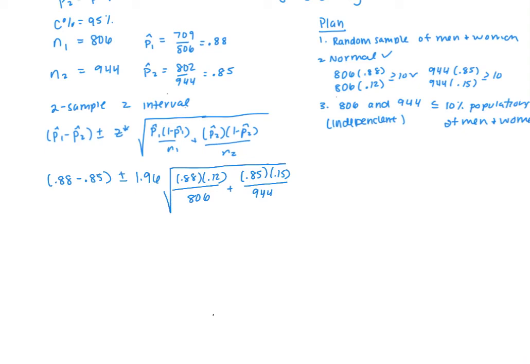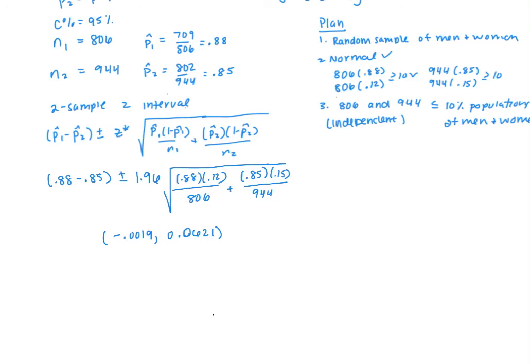So when you calculate all that, you end up with negative 0.0019 to 0.0621. So notice already that you have a negative left endpoint and a positive right endpoint, so there's probably no difference between men and women's views on job security.